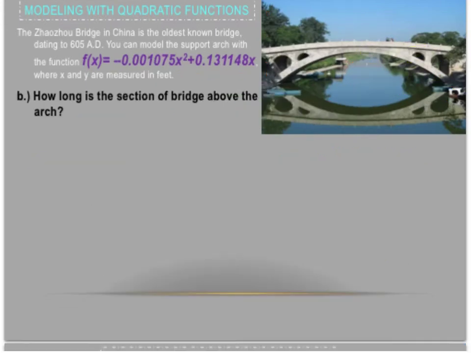All right, so this part of the question asked me, how long is the section of bridge above the arc? Okay, so here is the arc of the bridge. So we want to know how long this section of the bridge is. Now I hope you can see that this is also equivalent to how long this section of the bridge is, right?